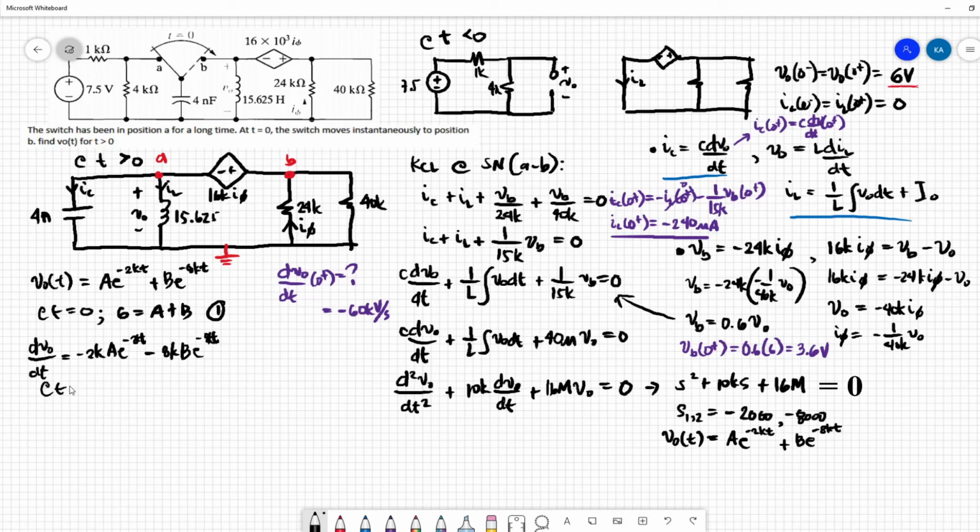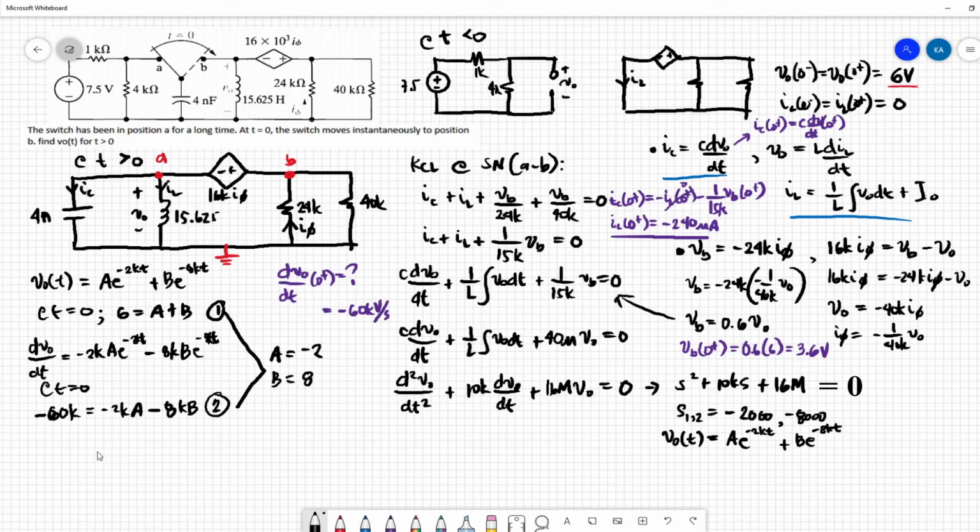At t equals 0, we have negative 60k equal to negative 2kA minus 8kB. Using these two equations, A is equal to negative 2 and B is equal to 8.